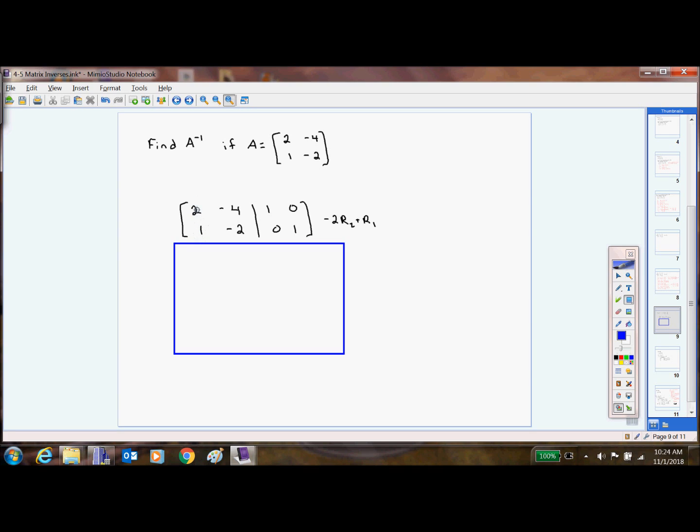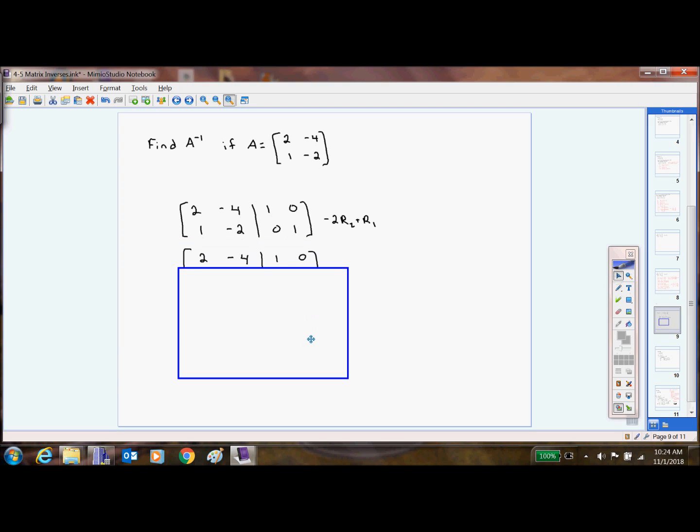I know usually we put a 1 here first, but I just want to show you something that happens. So when we do -2 times row 2 and add it to row 1, we do get a 0 here, but the problem is -2 times -2 is 4, and that'll give a 0 here as well.